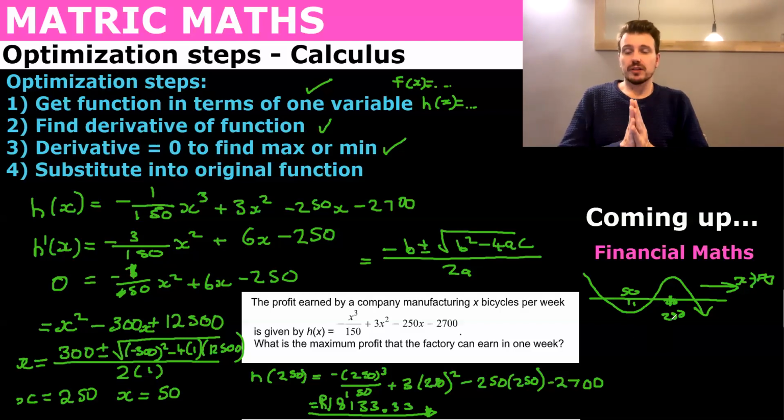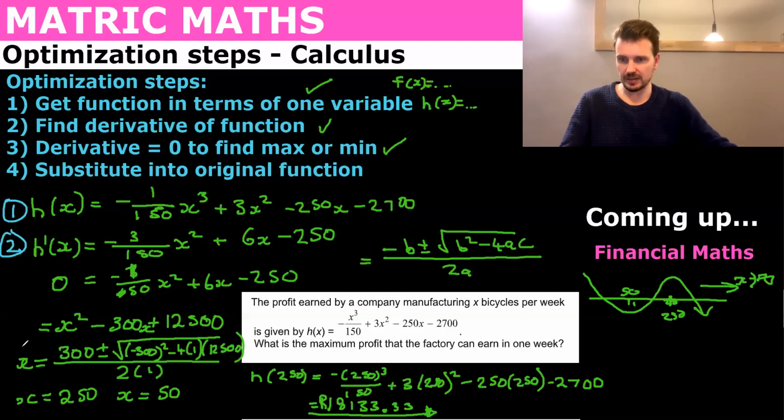Okay, so there were just the 4 simple steps that we needed to follow. Step 1 was already done for us. Then we find the derivative, which was done here. That was step 2. And then step 3, make it equal to 0. That was done there. And then we got values of 250 and 50.